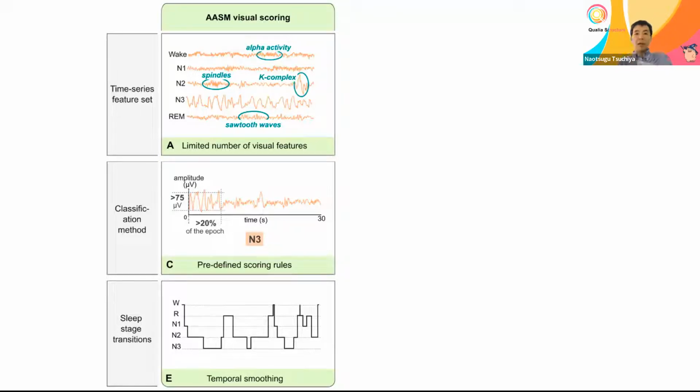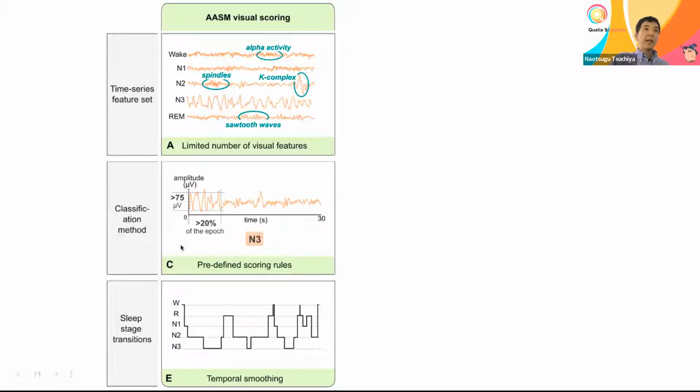Then it goes to the next page, and that's another 30 seconds. Because of that, sleep scoring was based on 30 seconds. But it's also understandable why they didn't want to make it even longer or shorter, because of the fatigue and practicality for the sleep researcher who scores it.